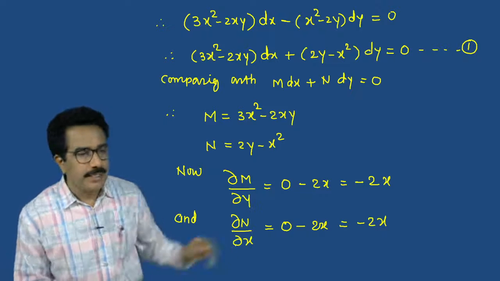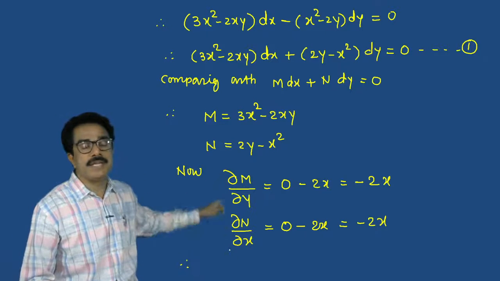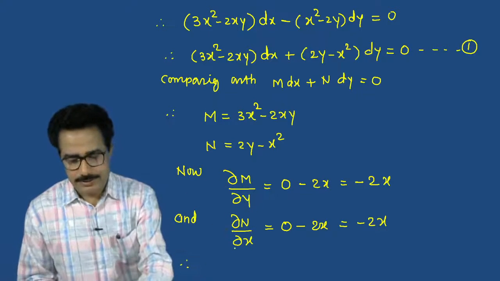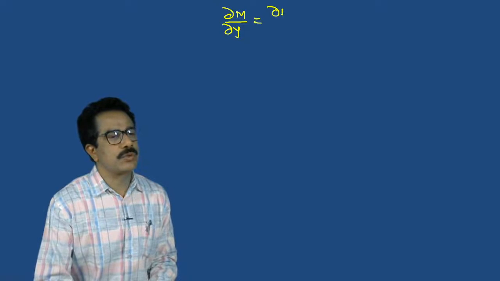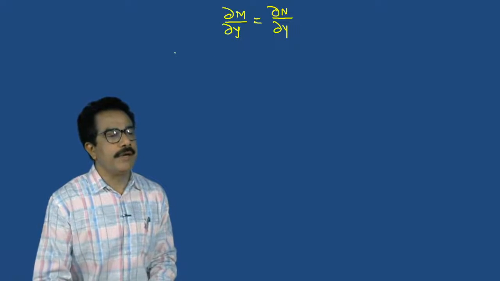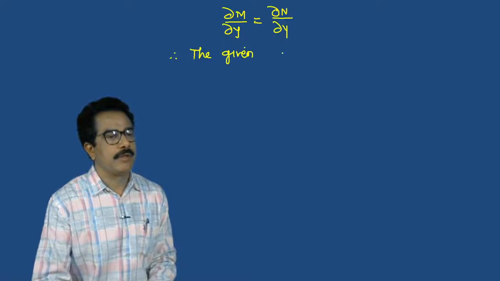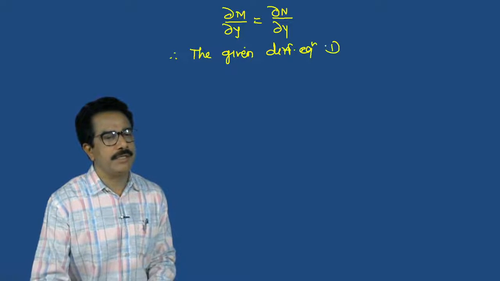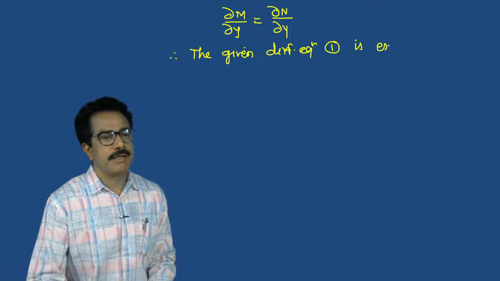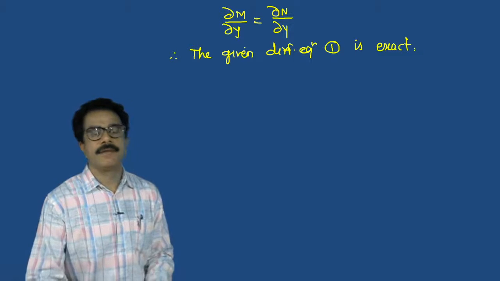Therefore we can write, look, both partial derivatives are the same, therefore ∂M/∂y equals ∂N/∂x, therefore the given differential equation 1 is exact.